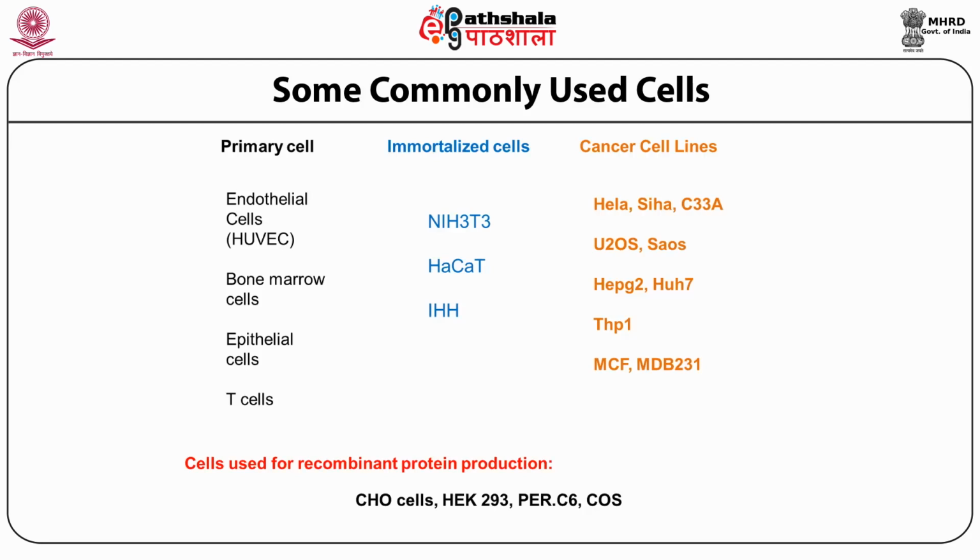Cells can also be used for recombinant protein production, and these include the Chinese hamster ovary cells or the CHO cells, the HEK293 cells, PER.C6 cells, which are retinoblast cells, and COS are the monkey kidney cells.